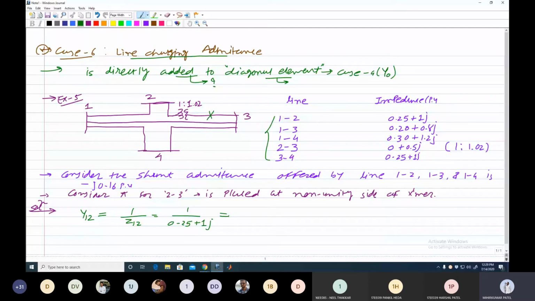And similarly, you can calculate for Y13, then Y14, clear? Then Y23, and Y34.